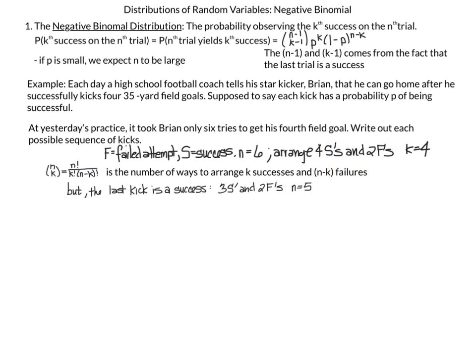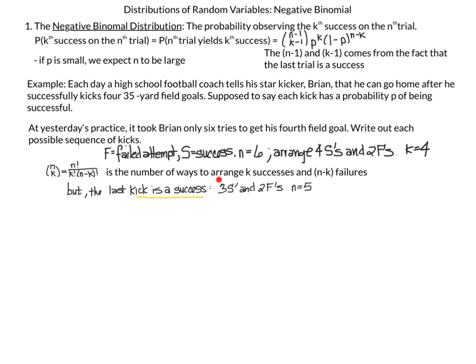But there is one other thing we have to remember. For the negative binomial distribution, the last kick is a success. So this is important. When we have all our sequences of S's and F's, there's going to be one less success to arrange because one of the successes is automatically going to the end.